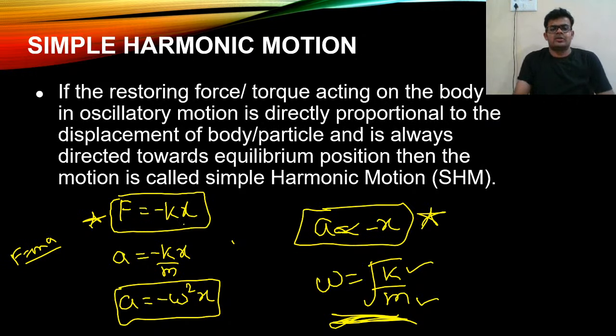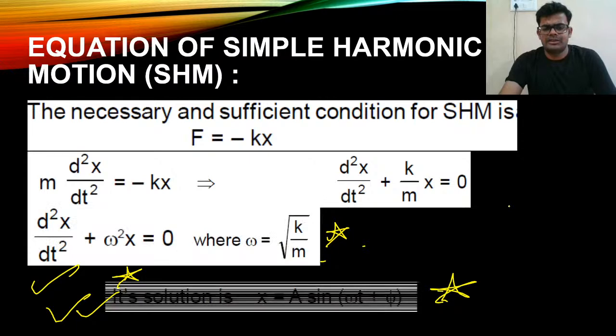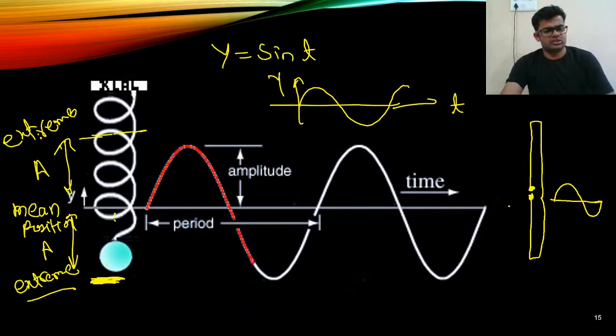Simply speaking, SHM is a to and fro motion in which the acceleration of the particle is always directed towards the mean position, and there is no loss of energy. Such a type of motion is called simple harmonic motion.